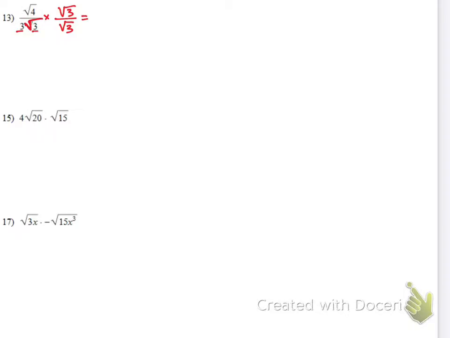So that's going to turn into 3 times 3. Then you have radical 4 times radical 3, so it's going to be radical 12. So we can do a little bit of simplifying. So radical 12 could be 2 times 2 times 3.